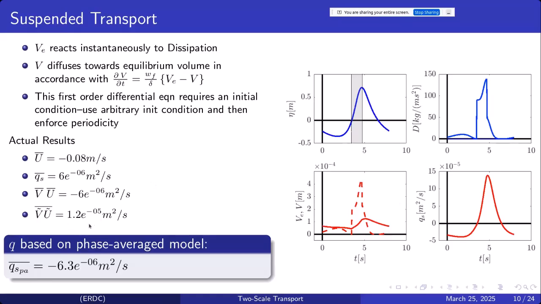So in total, you have something that's 6 times 10 to the minus 6 directed onshore, even though the current-alone based estimates would have you at 6 times 10 to the minus 6 offshore. So there's a substantial difference here between what we'll call the correct sediment transport and the sediment transport that's based on the phase averaged models.